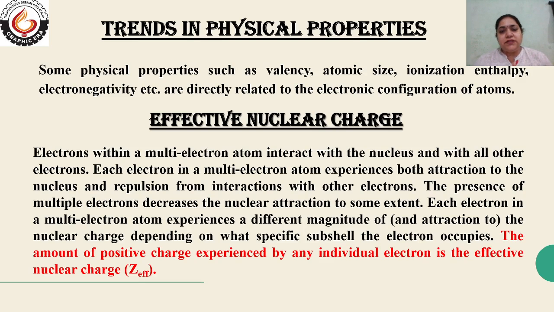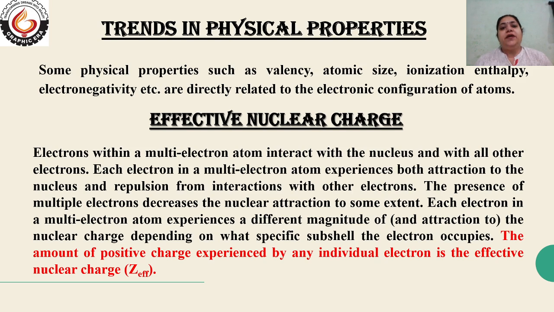Then, trends in physical properties. As we discussed earlier, when the electronic configuration is repeated, the properties are also repeated. Like valency, atomic size, ionization enthalpy, electronegativity. Valency is the same for a group, but I'm not saying that atomic size is the same for all the elements present in a group.